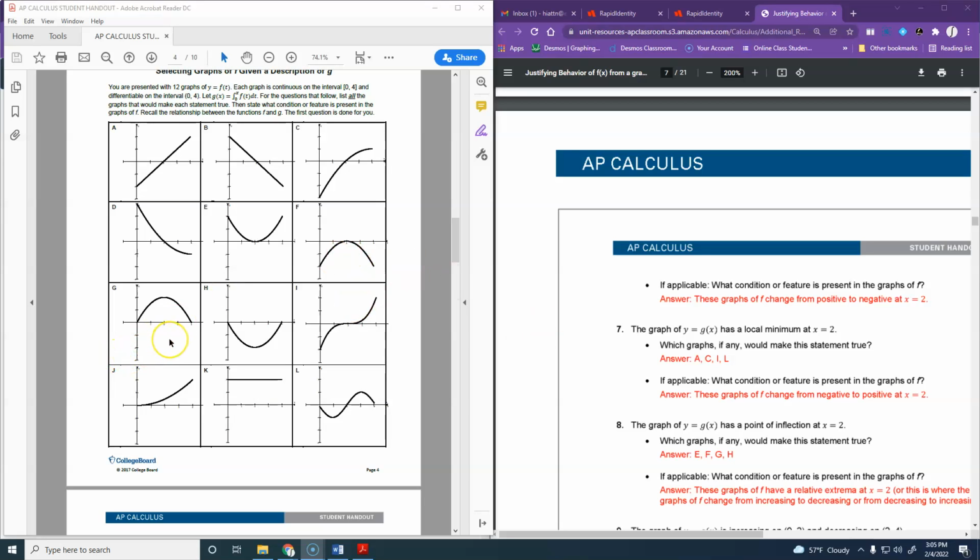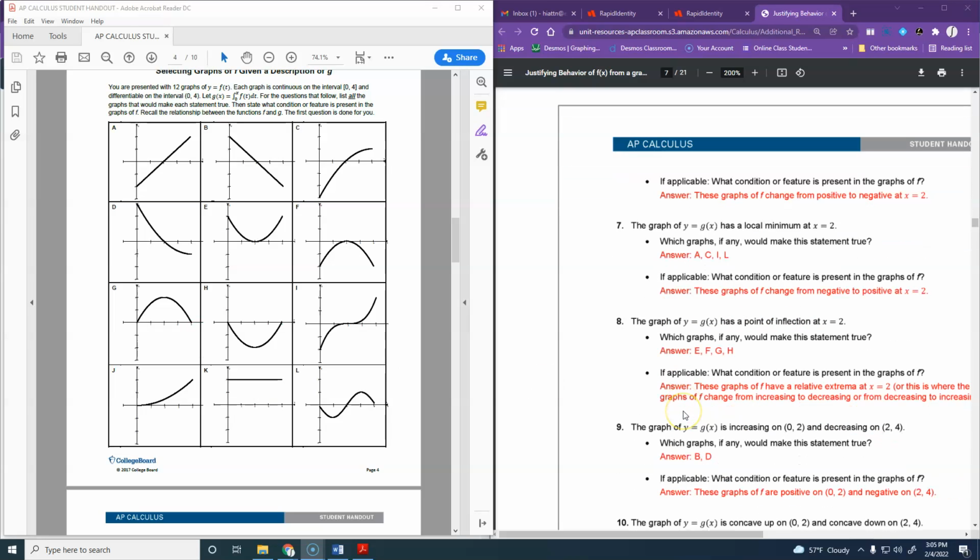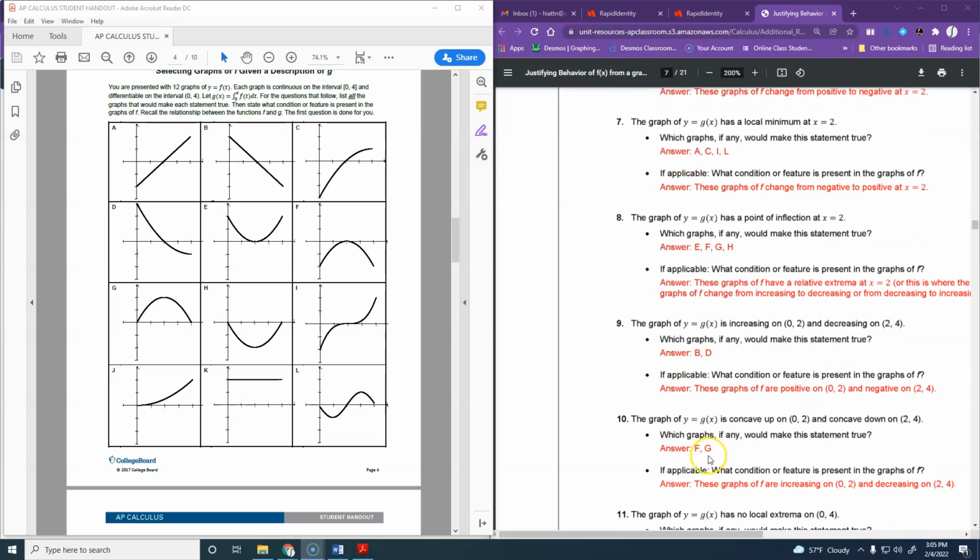F, G. I think that's it. Oh, I skipped a problem. I was doing number 10. It is F and G. 9 was, is it increasing to decreasing? So we're really thinking positive to negative. That happens on B and D.